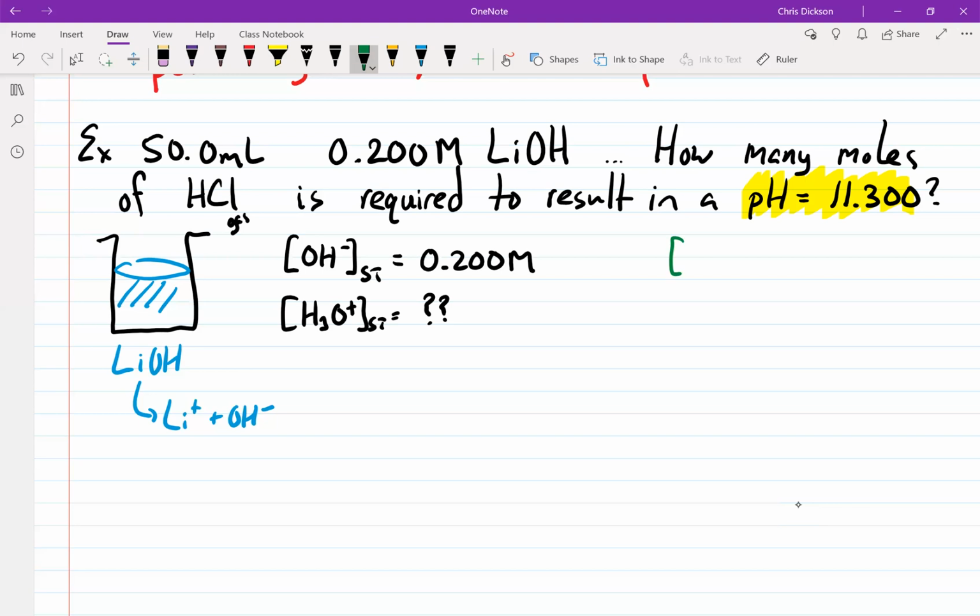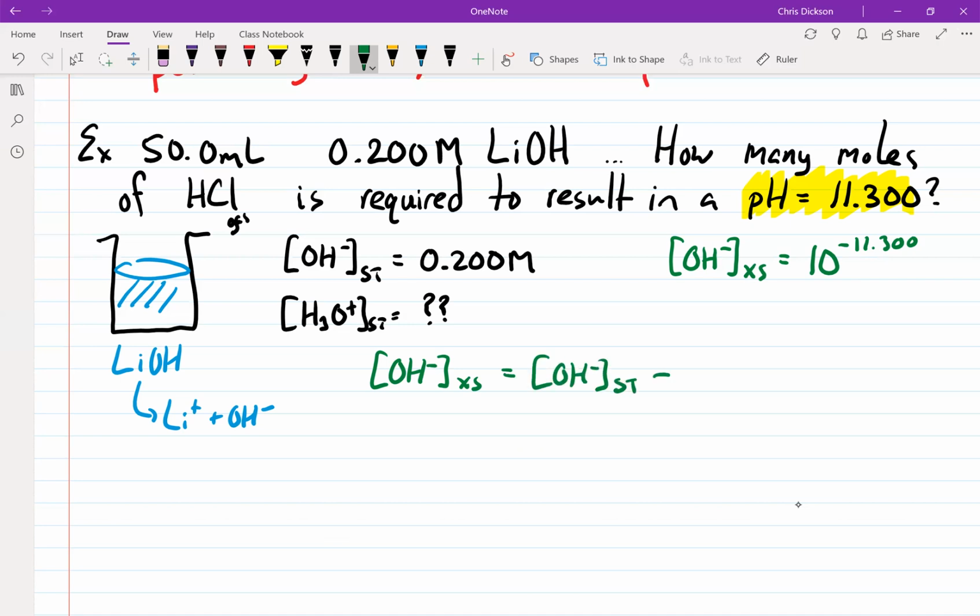And so I know the hydroxide would have to be in excess, and that its concentration would have to be the antilog of that number, so 10 to the negative 11.300. So I already know the formula I'm going to use: the concentration of hydroxide in excess must equal the concentration of hydroxide we start with minus the concentration of the hydronium we start with. And keep in mind, that's what we're actually trying to find out.